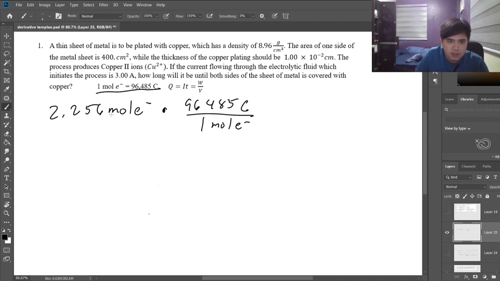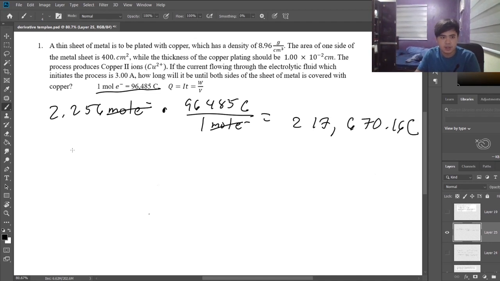So we can cancel moles of electrons out. We get 2.256 times 96,485 coulombs, which is equal to 217,670.16 coulombs. We know Q equals IT, and we already have I and Q.